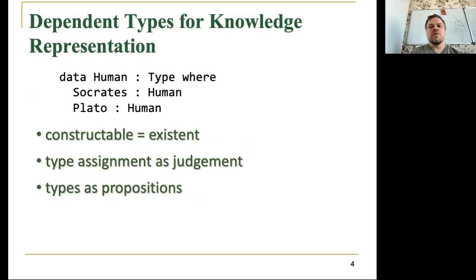Main components of dependent type languages are variables, types, and type constructors. In the simplest case, type constructors just enumerate objects of a certain type. For example, if we want to represent Socrates and Plato as objects of type human, we can introduce them as constructors of this type.